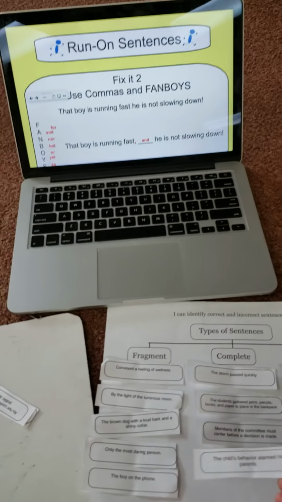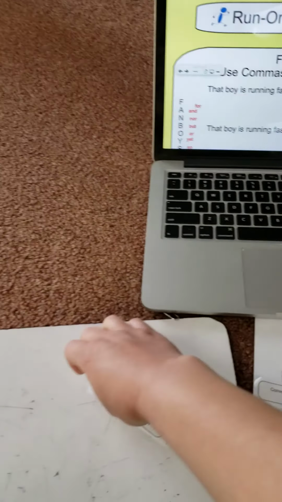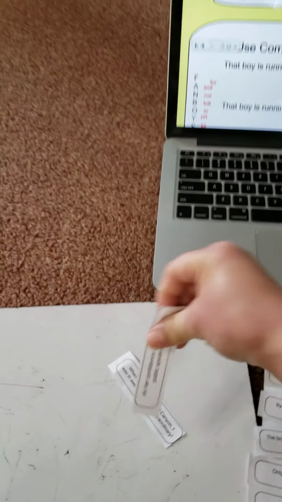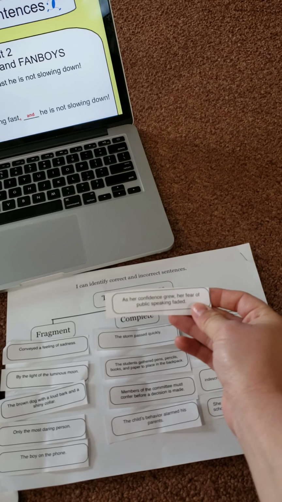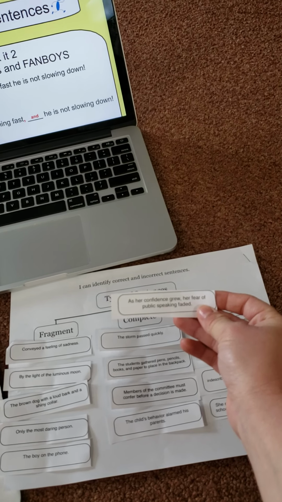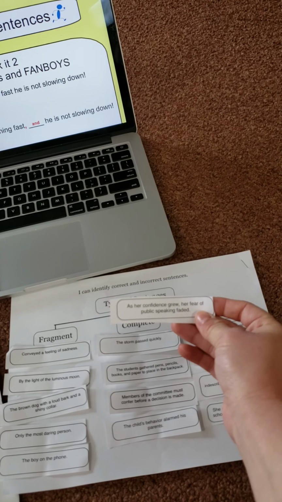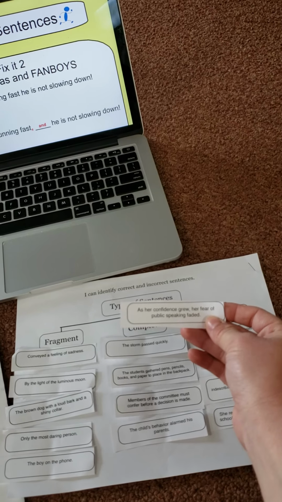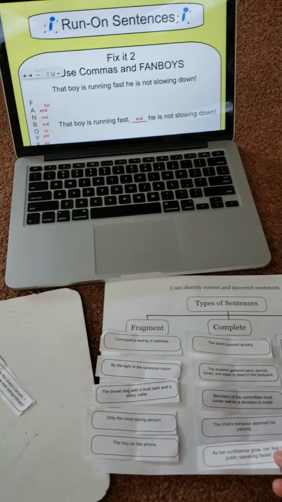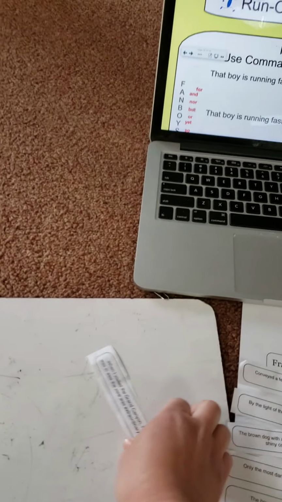Children's behavior. Okay, that's a complete sentence. Let's look at these two. As her confidence grew, her fear of public speaking faded. I even have a comma in there to take a breath. It's her confidence. Okay, so that is a complete sentence.